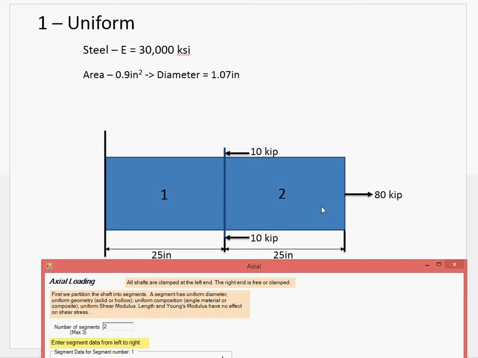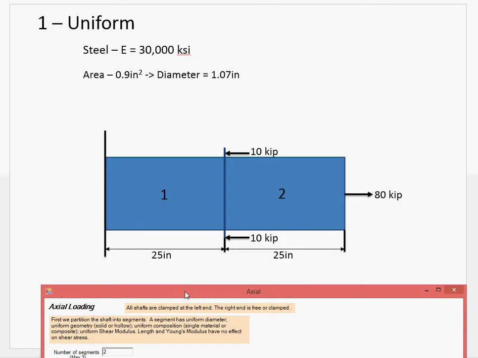And note that even though the diameter, material, everything is uniform, you're just looking for any change. So just that 10 kip or 20 kip is the change that breaks it into a new segment.